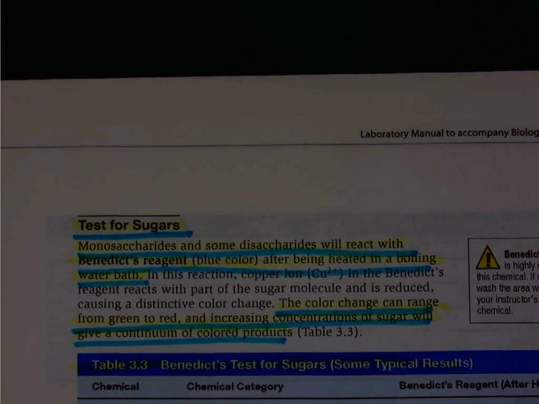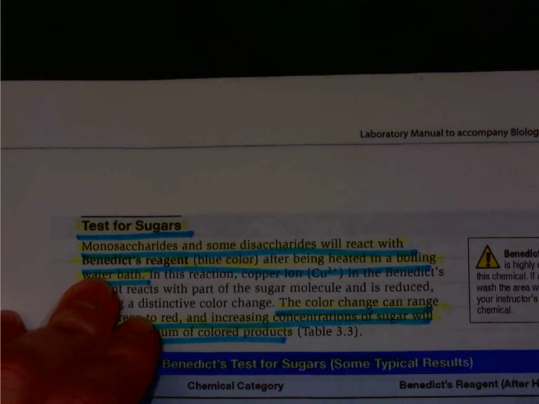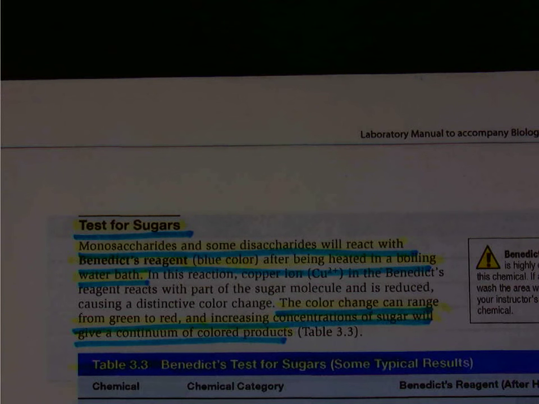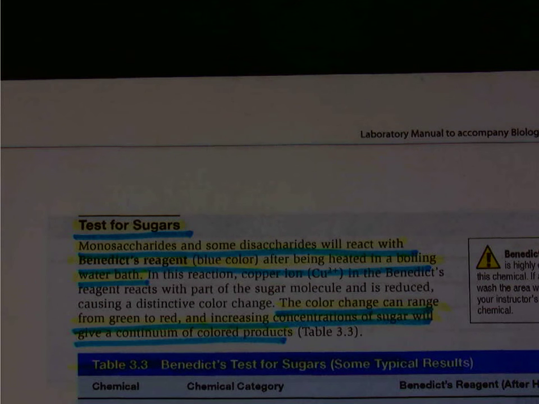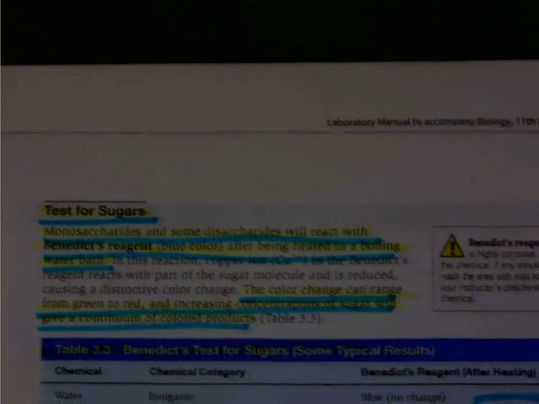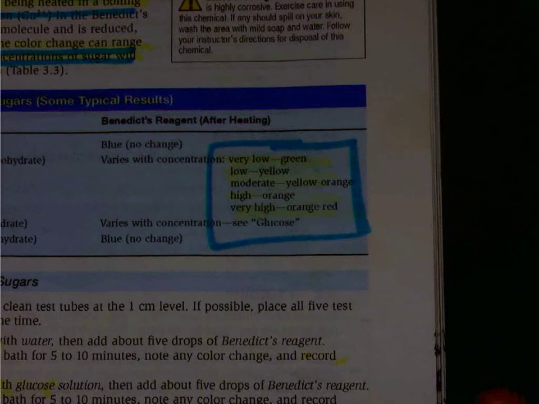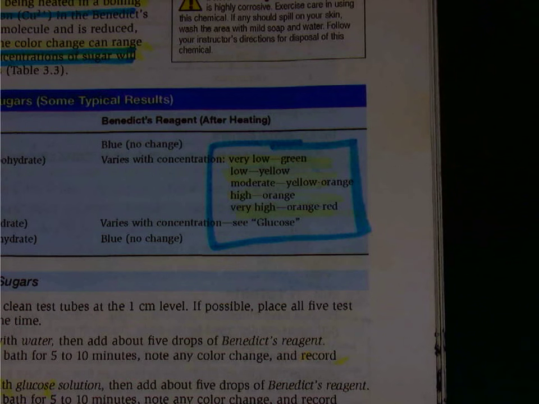When we test for sugars, we use Benedict's reagent. Benedict's is a bright blue color. This particular reaction has to be heated before the reaction will take place. The reaction that we see gives us a little bit of an idea of how much sugar we have. Not only do we know if sugar is present or not, but we know an approximate, well, at least a relative amount of sugar.